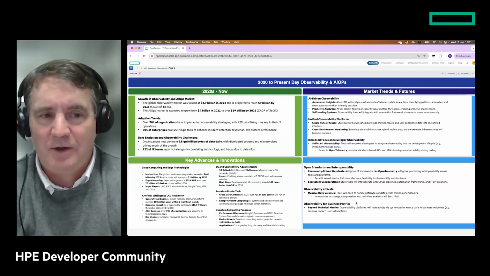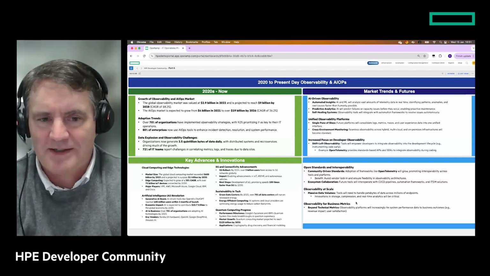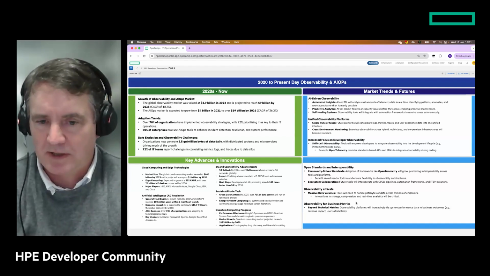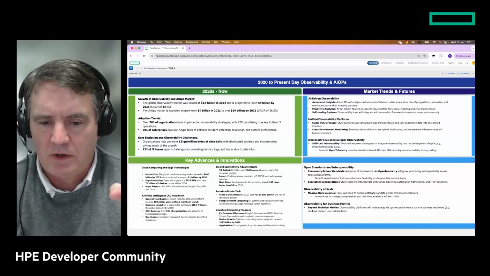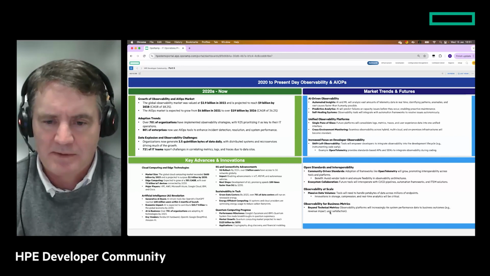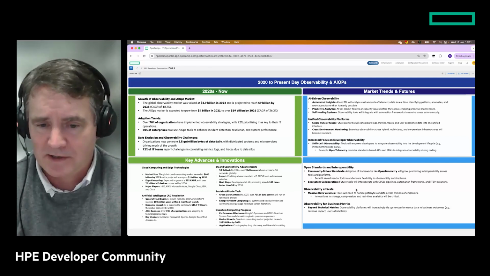But in order to do that, we need to understand business data, business metrics, business KPIs, customer satisfaction, revenue, non-IT KPIs, but combining that with what's going on with their IT systems.